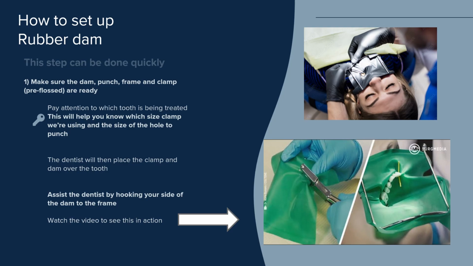You don't want to punch it too close to the edge because then it makes it hard to stretch the dam over the tooth and over the cheek. Typically for root canal, you only need to punch one hole, depending on what you're doing. If you're going to do a filling on an adjacent tooth, or maybe even that tooth, you may want to punch more holes so that you have good visibility of all the teeth.